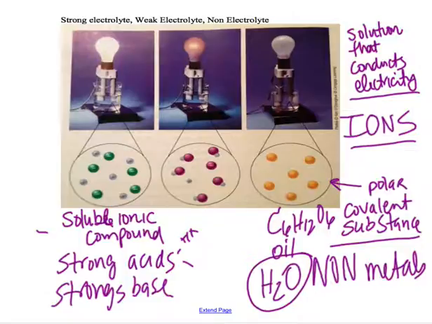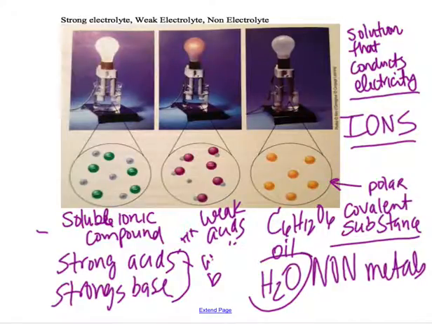So now that we know strong and non, what would be an example of some weak electrolytes? There's really only 2 things. Potentially an ionic compound that doesn't dissociate completely. I'm not going to write that down because that's one we're not going to really focus on. There's another set of things that you know. Yeah, weak acids and weak bases.